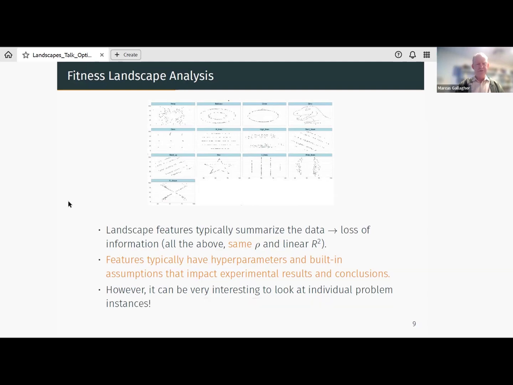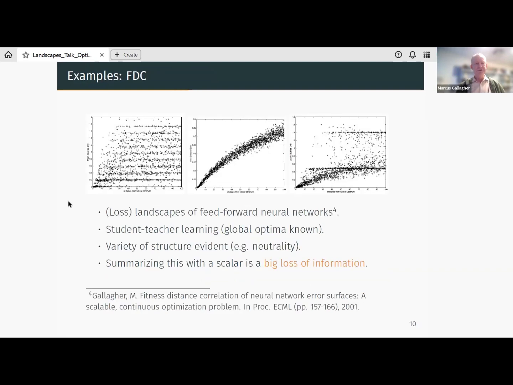But it's actually quite interesting to sometimes look at individual instances. So this, I guess, hasn't been too much of the focus in landscape analysis. But for example, these are some very old pictures here from a paper where I was looking at the loss landscapes of neural networks.